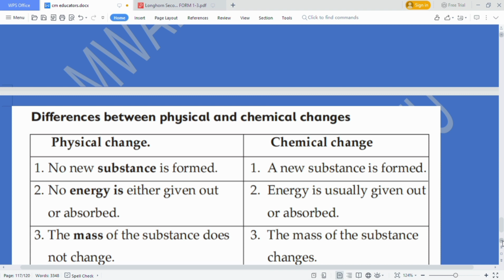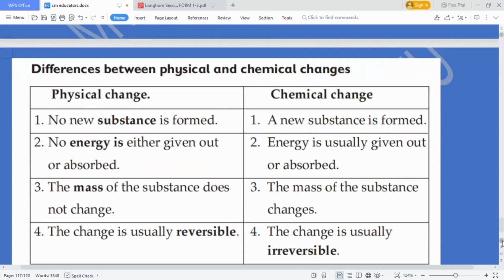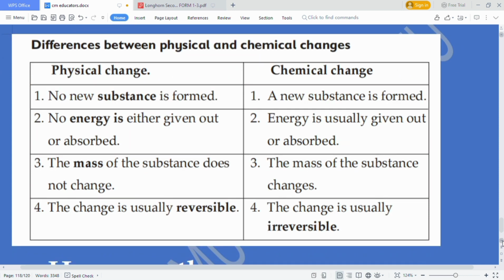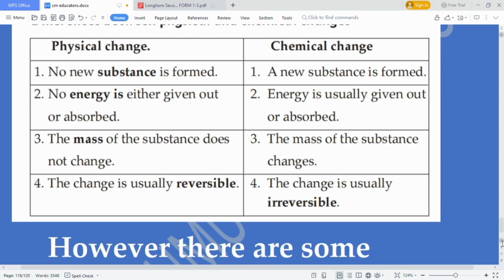So the third difference: in a physical change, the mass of the substance does not change, while in a chemical change, the mass of the substance changes.